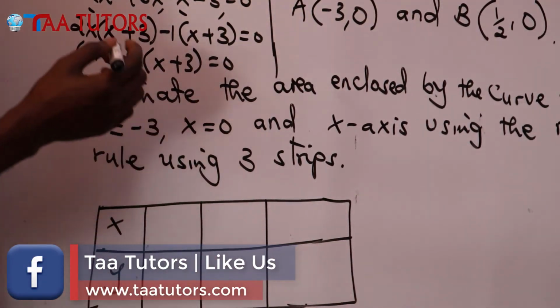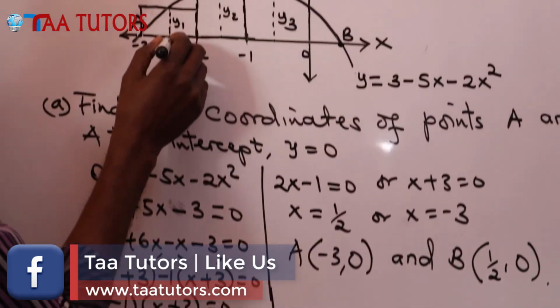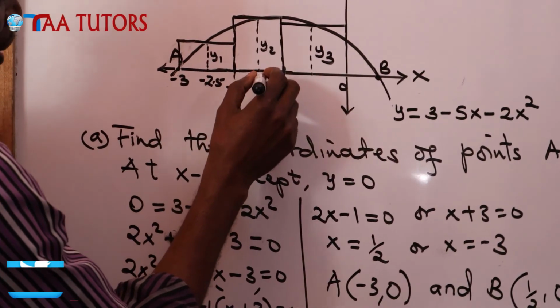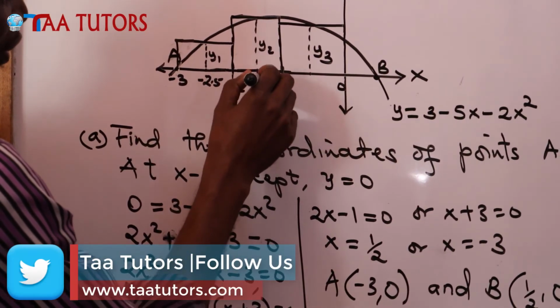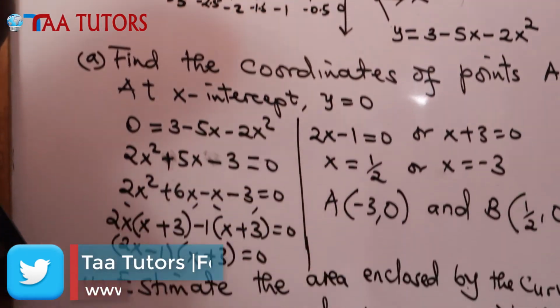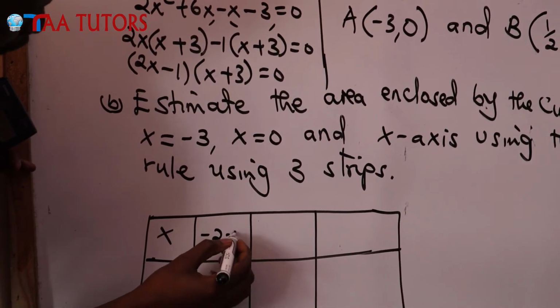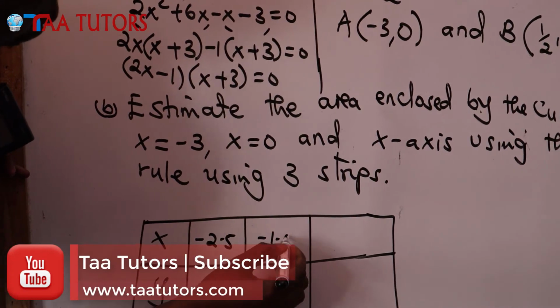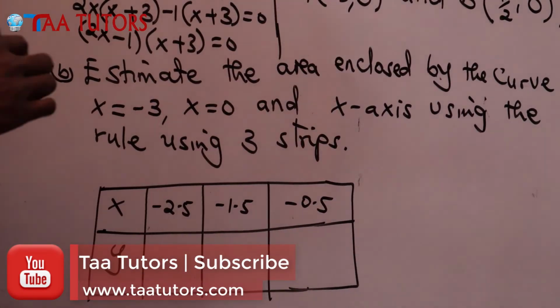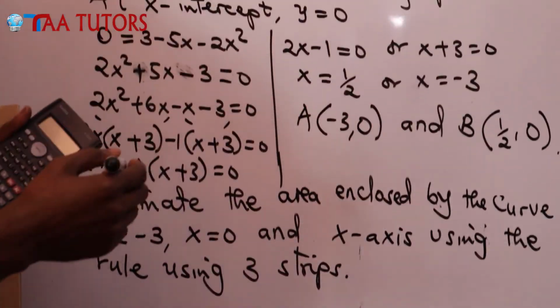The first value of x that we need to use is at this point, which is negative 2.5. This is negative 1.5. This is negative 0.5. Those are the coordinates of the mid-ordinates that we need to use to get the values of y.